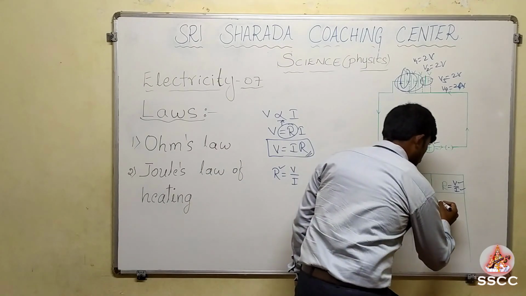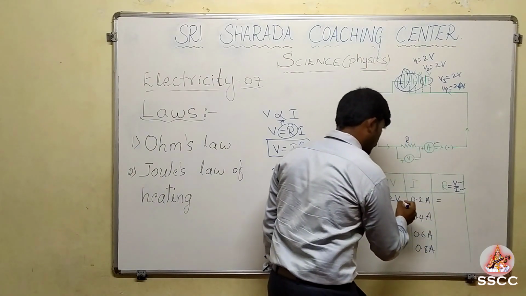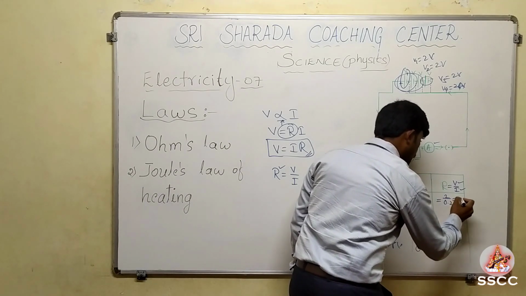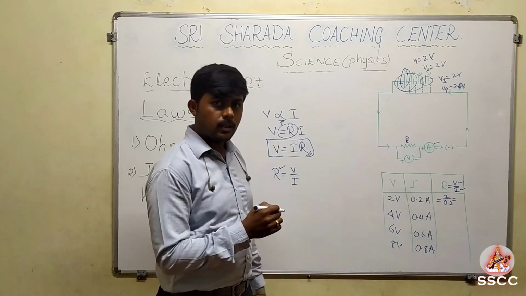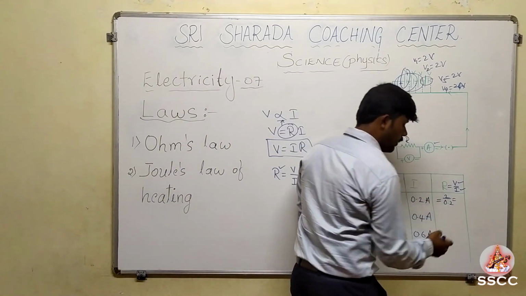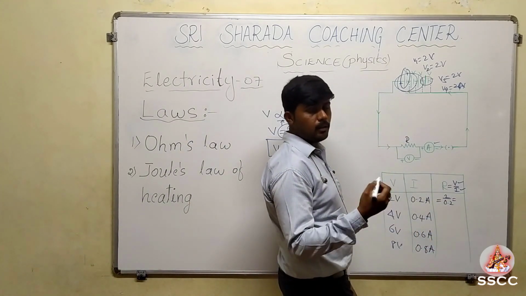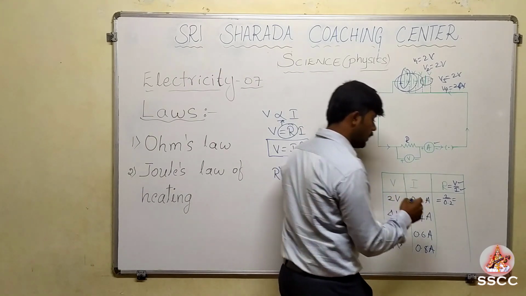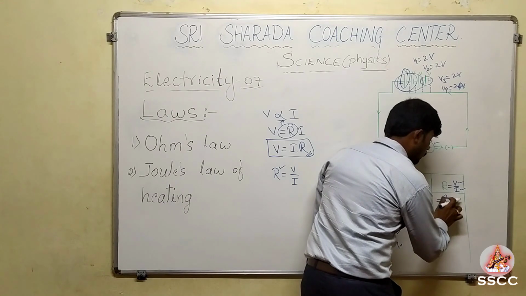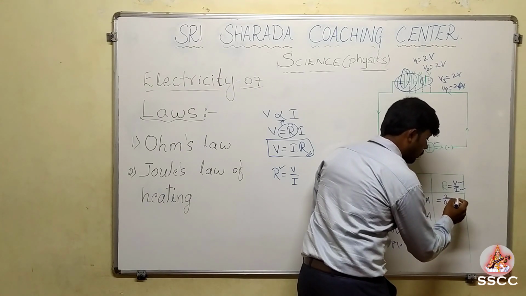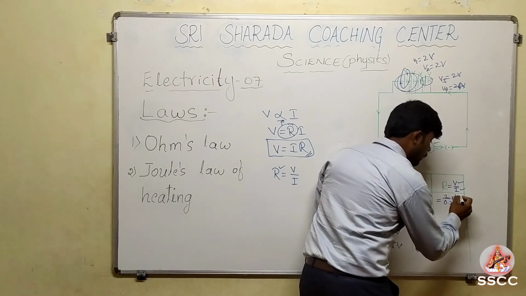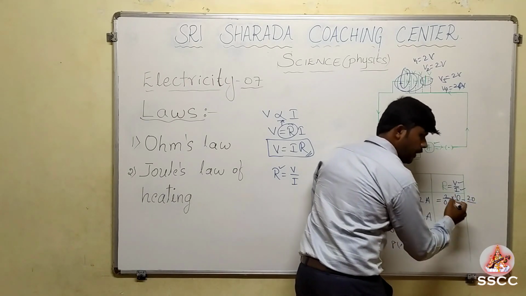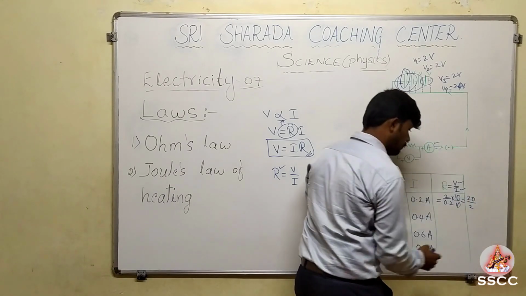Okay, for the first one, R is equal to V by I. V is 2 volt divided by 0.2 ampere. Before cancelling, you can easily make the denominator a whole number. You can convert that into a fraction by multiplying 10 to both numerator and denominator. 10 divided by 10, and you get 2 tens are 20, divided by 0.2 into 10 is 2.